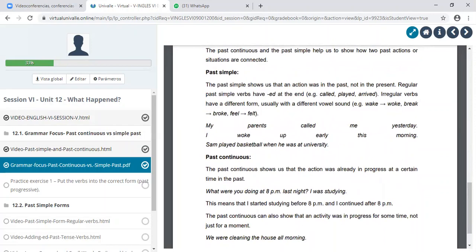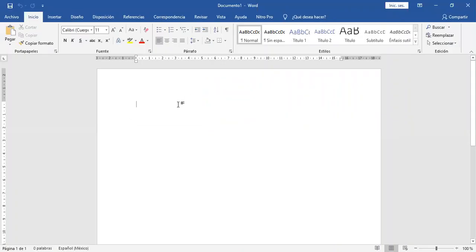For now, we are going to make some examples as a team. Okay, very good. Excellent.